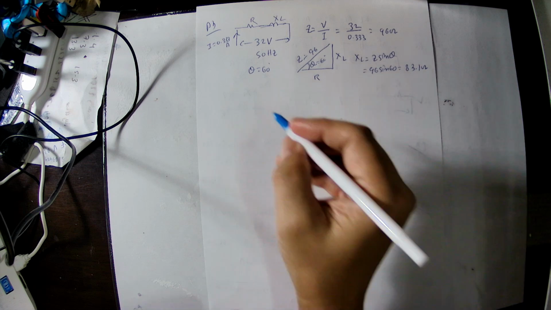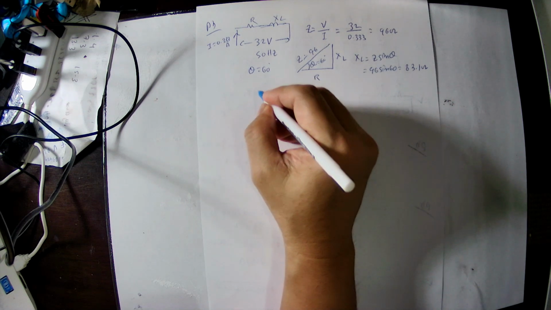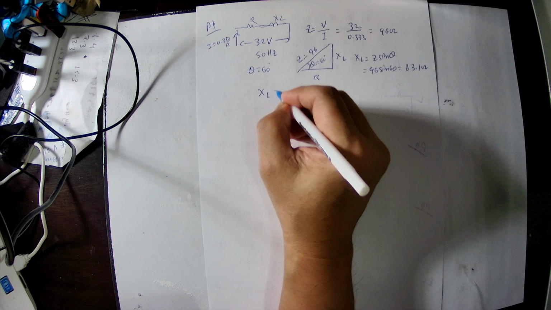Then you can find out the inductance. So XL equals 2 pi FL.